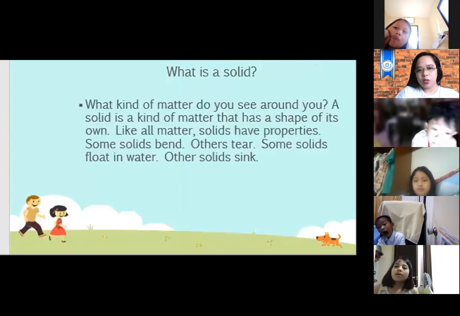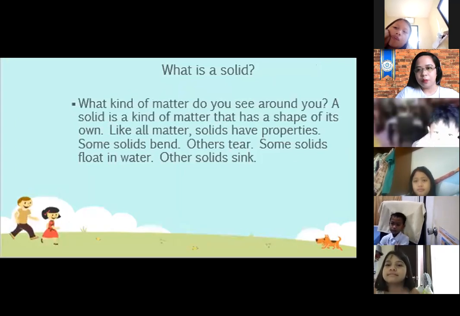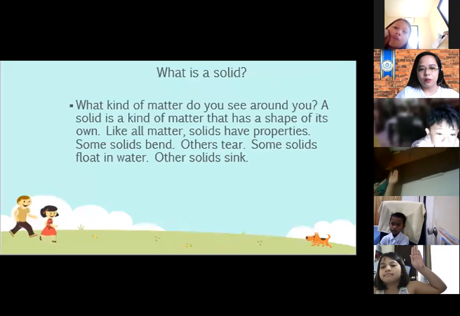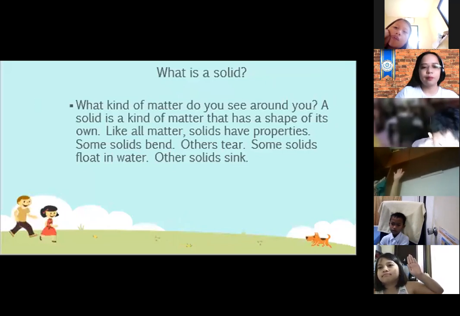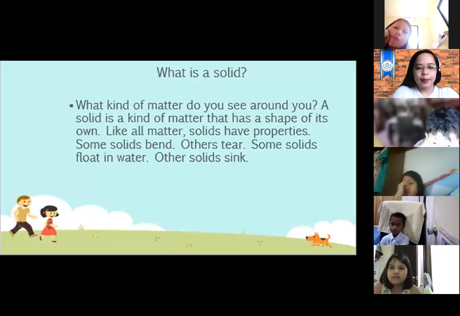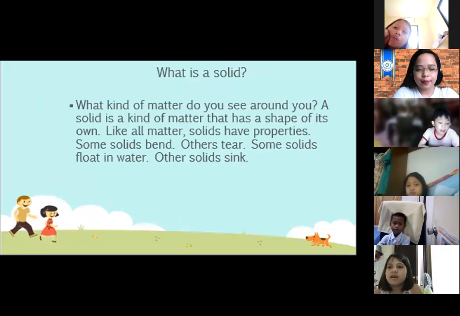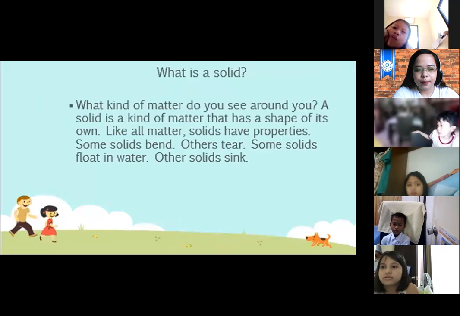So what is a solid then? Can you please read this one? Okay, Abby. What kind of matter do you see around you? A solid is a kind of matter that has a shape of its own. Like all matter, solids have properties. Some solids bend, others stay stiff. Some solids float in water, other solids sink.